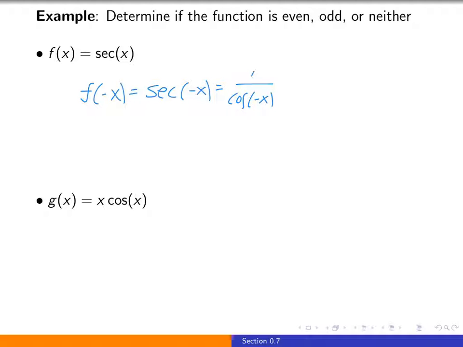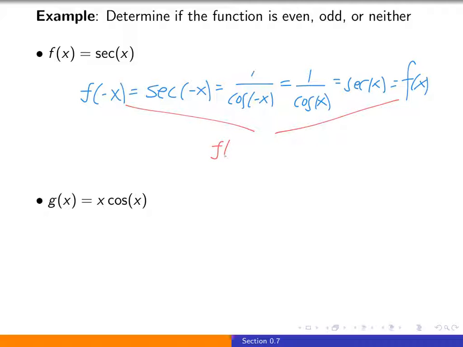Cosine, as we saw in the basic properties, is an even function. So cosine of minus x is cosine of x. 1 over cosine is secant, and secant x is f of x. So this long equality is showing us that f of minus x is equal to f of x. And that implies that the function is even.